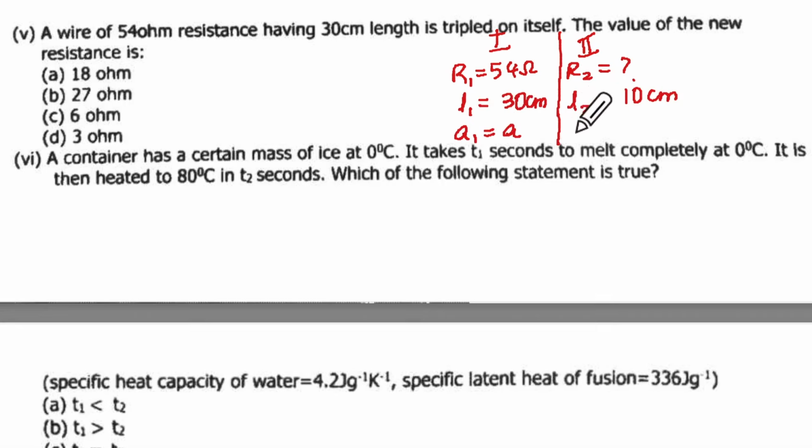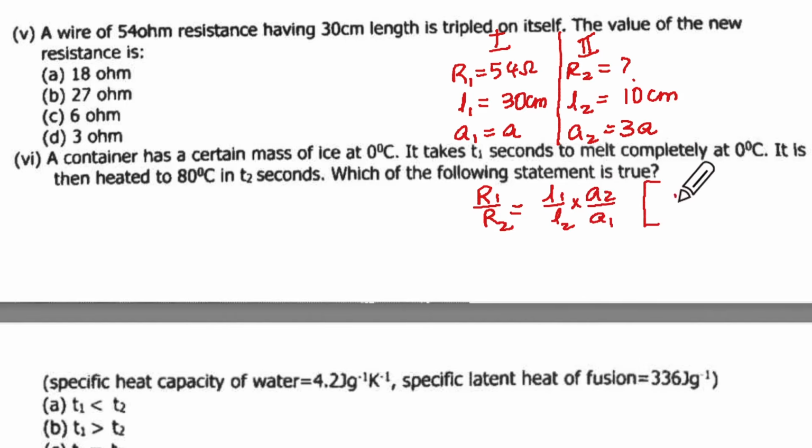So when you triple on itself, A2 is going to become 3 times A, 3A. Then you will say R1 upon R2 will be equal to L1 upon L2 into A2 upon A1. Now this you have to know because resistance is equal to rho into L upon A. You have to know this by heart.